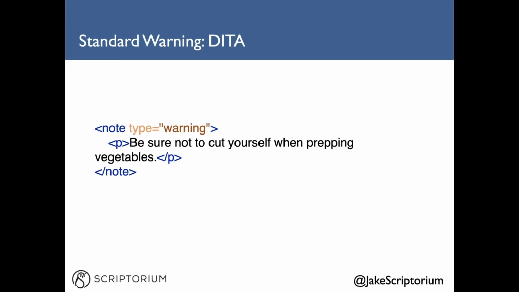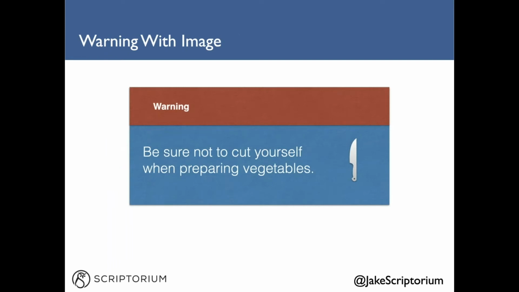So let's take a look now at a variation on that. Let's say you need to have a little knife image in there just to further call out, hey, be careful, knives are sharp. Or, there's some other sharp thing based danger. Still, in order to accommodate this knife image, we actually have to set this up differently.